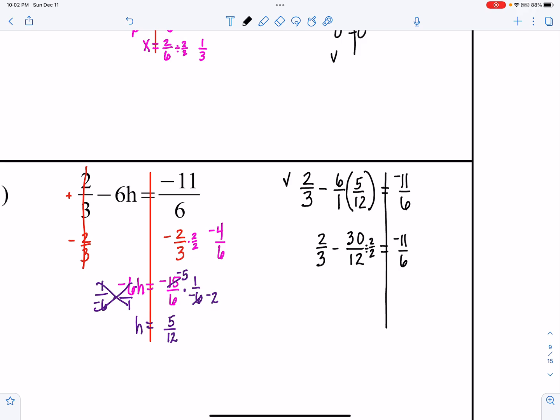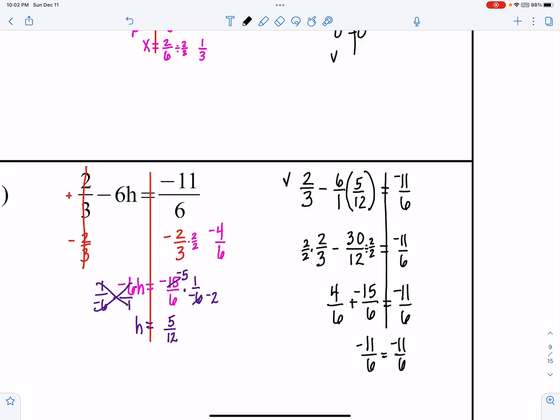So I end up with 15/6. Let's go ahead and times 2/2 to get 4/6 equals negative 11/6. And then with our check there, you can see that we end up with negative 11/6 equals negative 11/6.